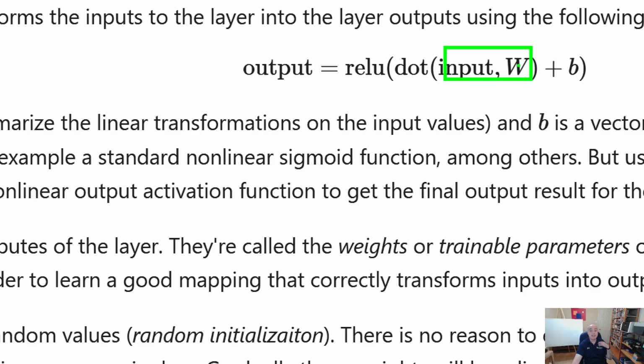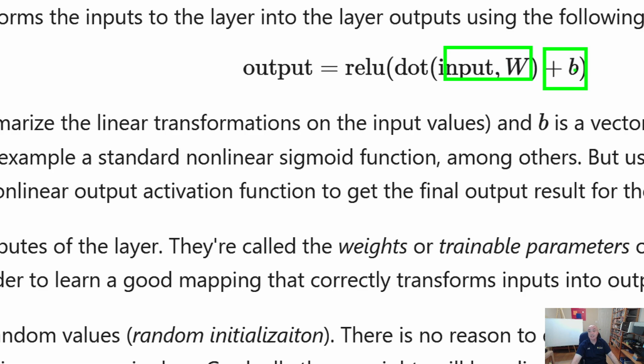W is a set of trainable parameters for the layer. You can think of that matrix multiplication as rotating the data, or potentially scaling or flipping the data. It often then adds that to a set of biases.